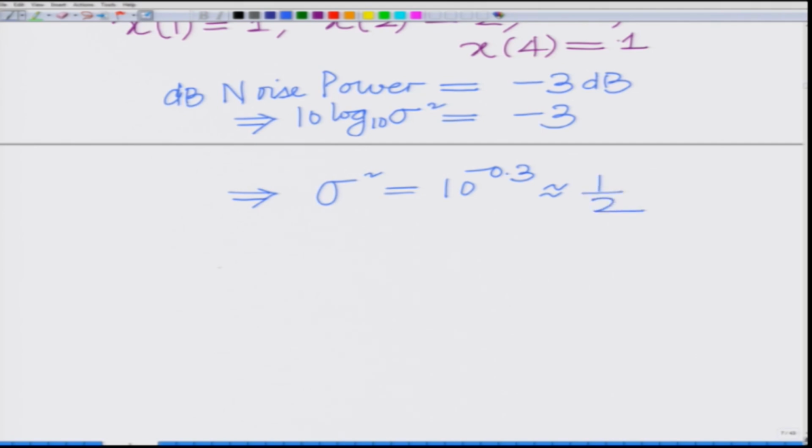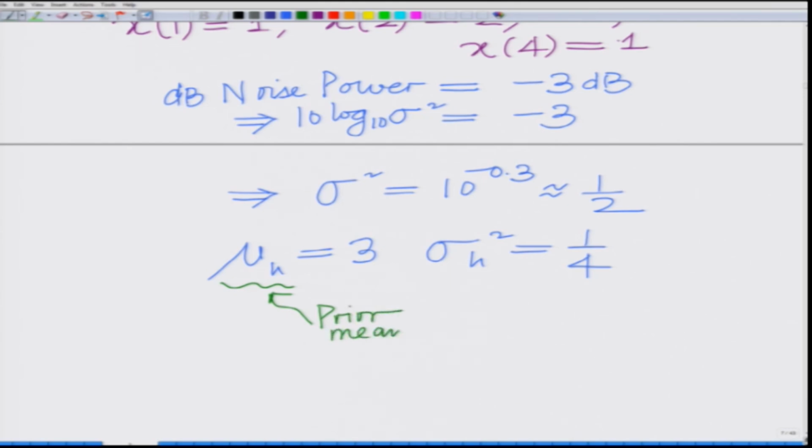Let us say the prior mean mu h is equal to 3, and the prior variance sigma h square equals 1 by 4.